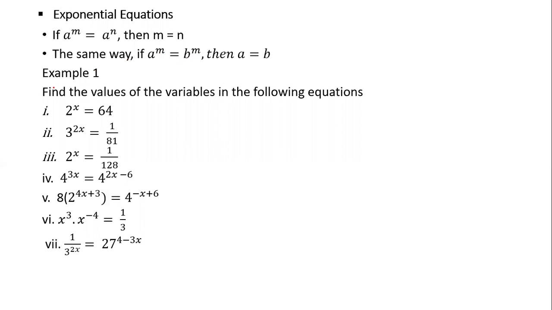Example 1. Find the values of the variables in the following equations. One, 2 raised to the power x equal to 64. Two, 3 raised to the power 2x equal to 1 over 81. Third one, 2 raised to the power x equal to 1 over 128. Four, 4 raised to the power 3x equal to 4 raised to the power 2x minus 6.